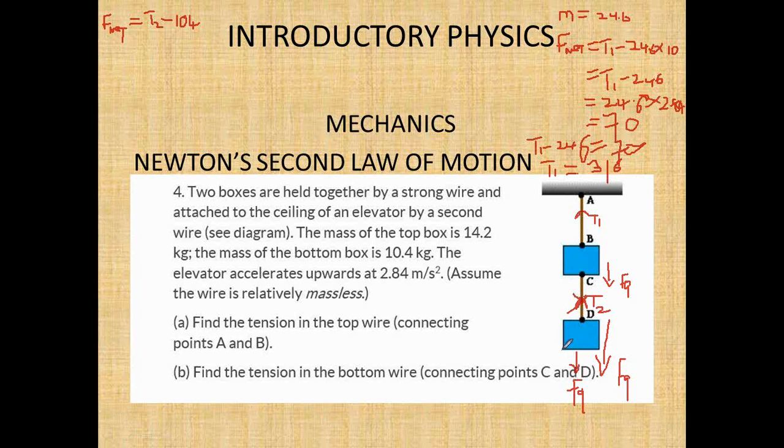The net force is going to cause acceleration. So this net force gives rise to the acceleration. And the acceleration of this small box is equal to its mass, which is 10.4, times the acceleration.